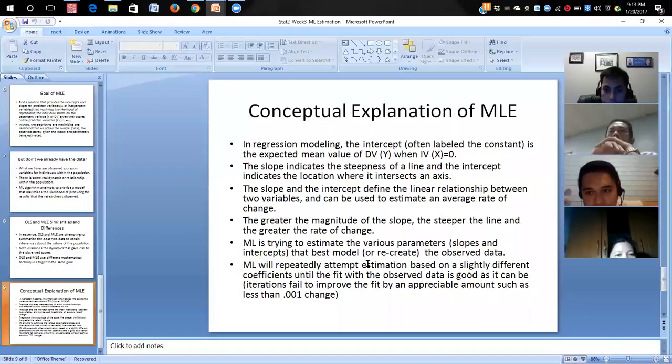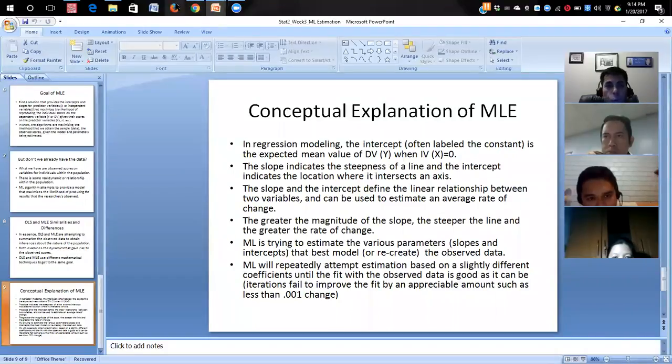At the same time, it tells you that the greater the magnitude of the slope, the steeper the line, and the greater the rate of change. And this maximum likelihood estimation will always try to estimate the various parameters, such as your slopes and your intercept, that best model to recreate the observed data.